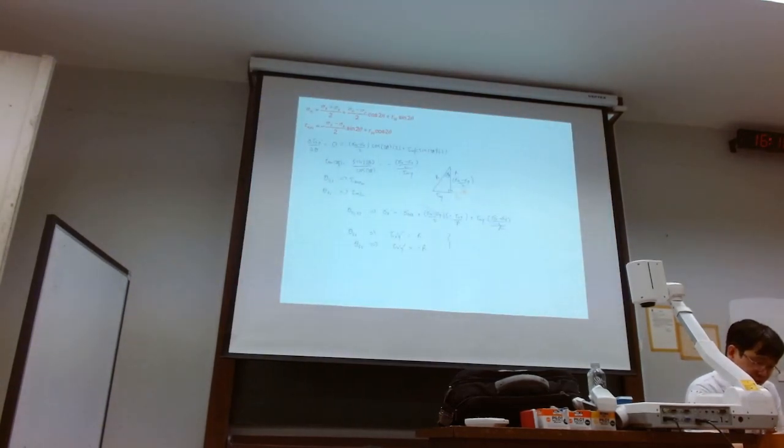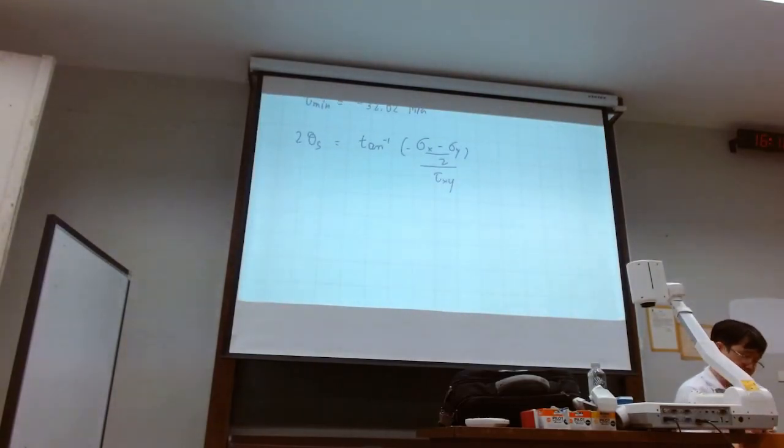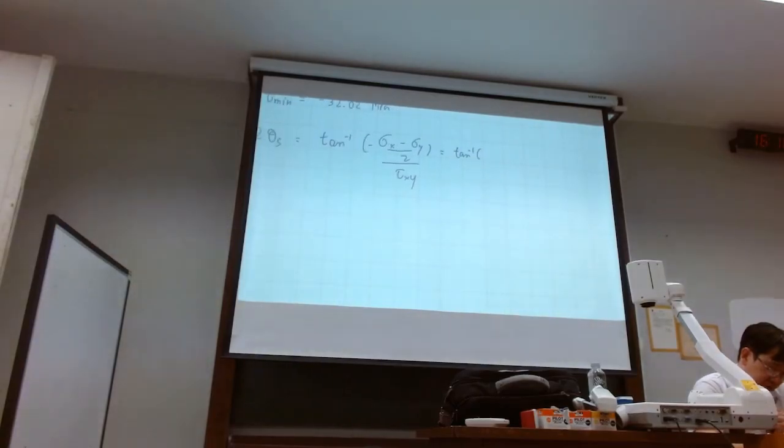If you don't remember, we keep going back to the differentiation. So again, this is going to be arctangent of x minus y, which is 50 divided by 2, so minus 25 over minus 20.